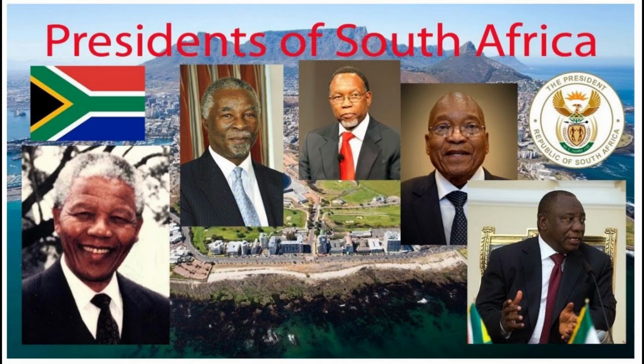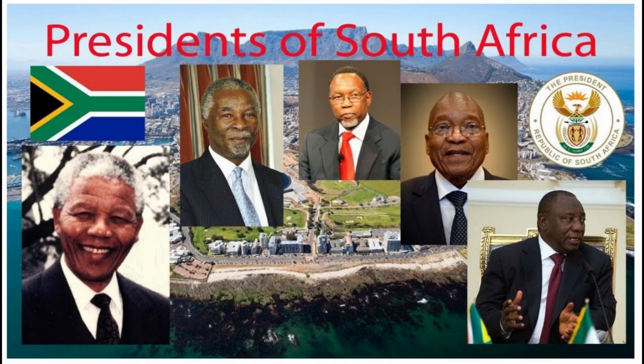Hendrik Frensch Verwoerd, 1958 to 1966. He was assassinated on September 6, 1966 at the Houses of Parliament in Cape Town.